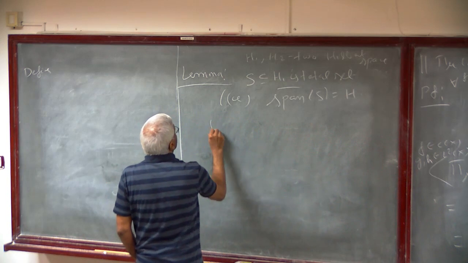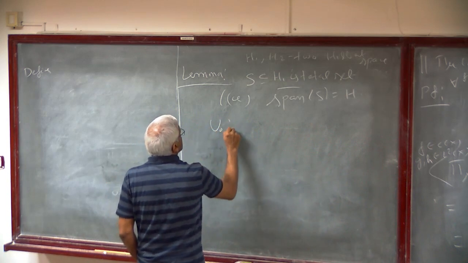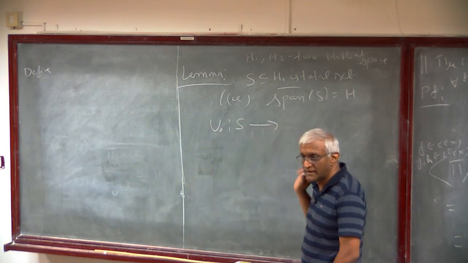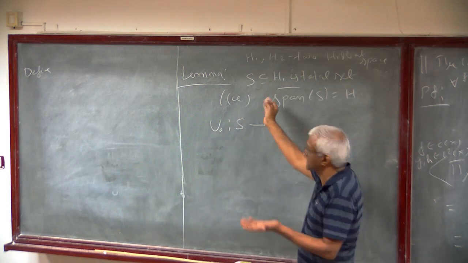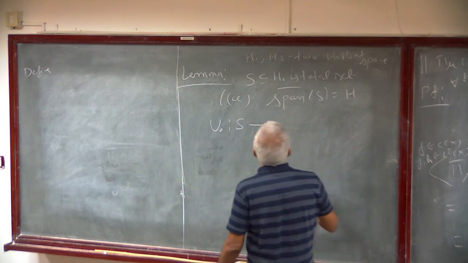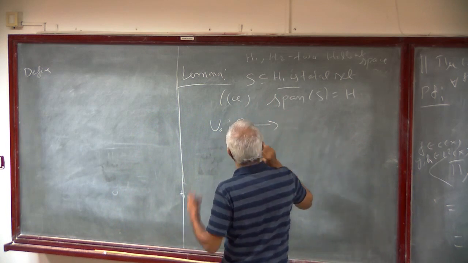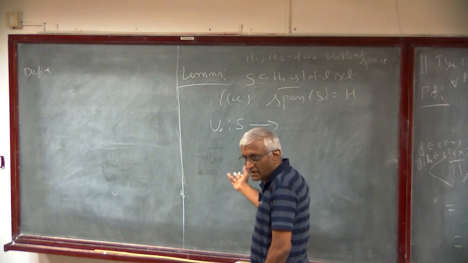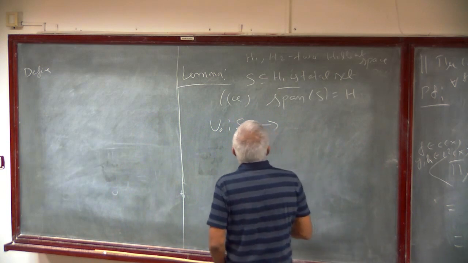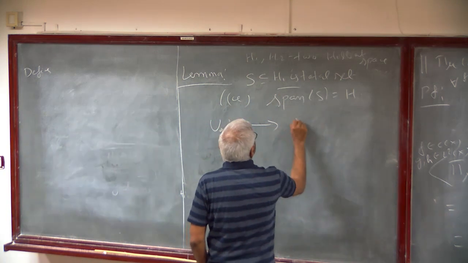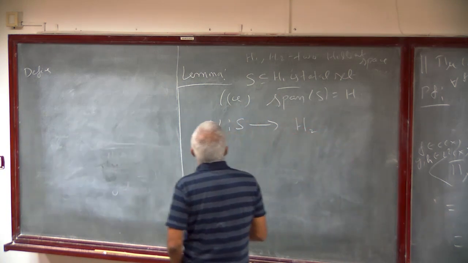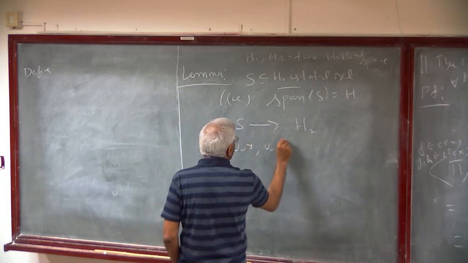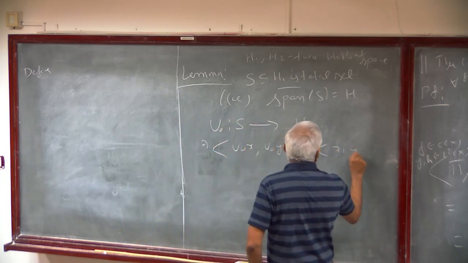And suppose U naught is some function. I'm not assuming there is any linear structure here. It's better I give it as an assignment, the first assignment. Some function from S to H2 such that the inner product of U naught of x and U naught of y equals the inner product of x and y.